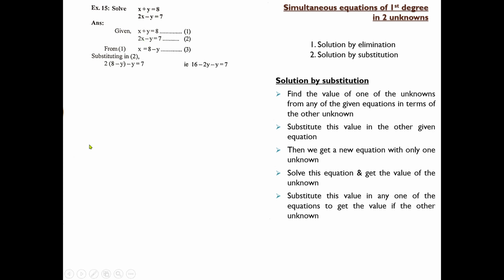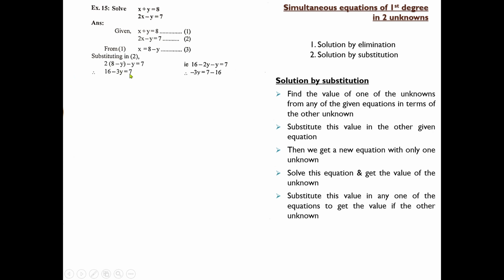So instead of 2x, we can write 2 into, here we already created a value for x, that is 8 minus y. So 2 into 8 minus y, minus y equal to 7. When you open the brackets, you will get 2 into 8, 16 minus 2y minus y equal to 7. Now you solve that, you will get 16 minus 3y equal to 7.